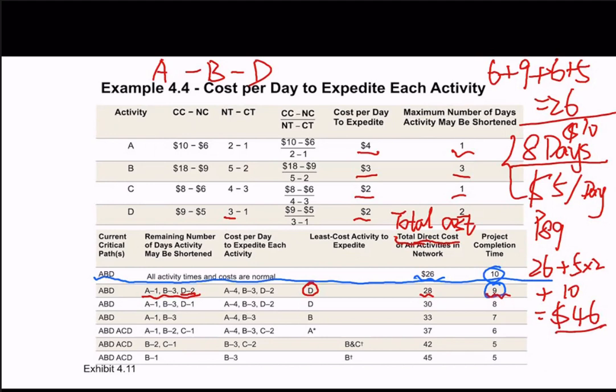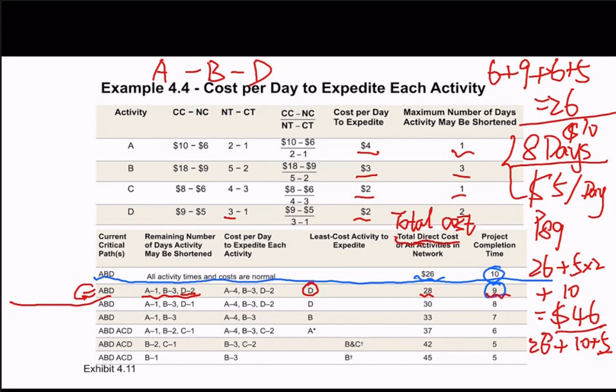So if we just stop here, at the second line, like we reduce only 1 day, then the total cost will be the total direct cost plus total indirect cost. So we have 28 plus 10. This is the indirect cost, and we have a penalty of 5 per day when the total days are above 8, and now we only need 9 days, so we only have 5 here.